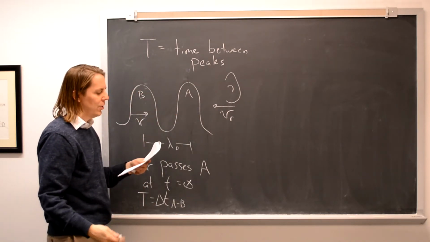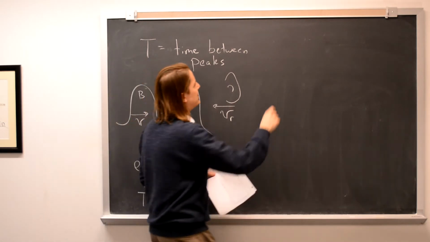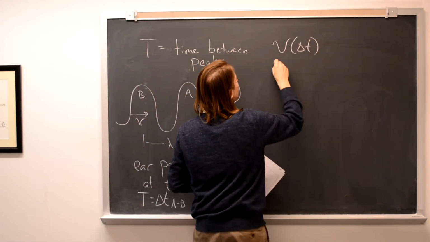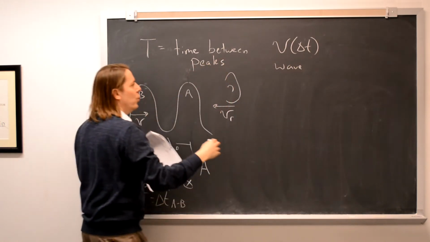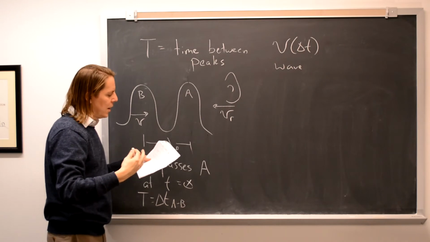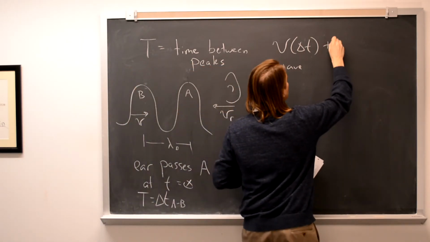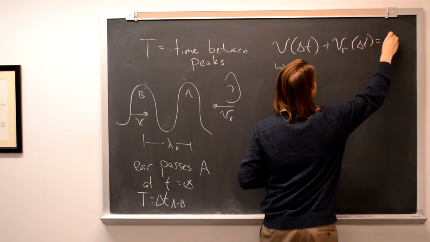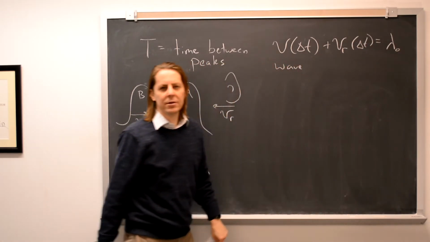But they have to cover a distance lambda. So we say V times delta T, the wave moving one way, and the ear moving VR delta T, the velocity of the receiver times delta T. Those together have to be lambda naught.